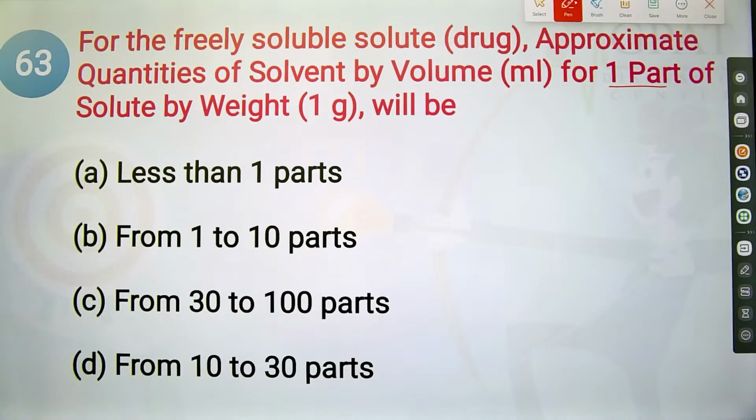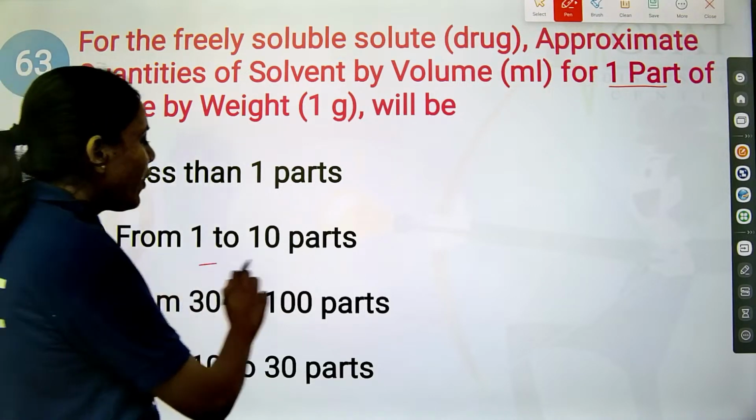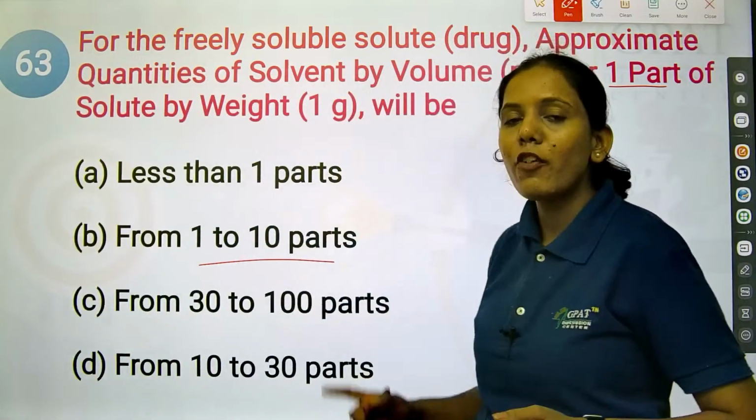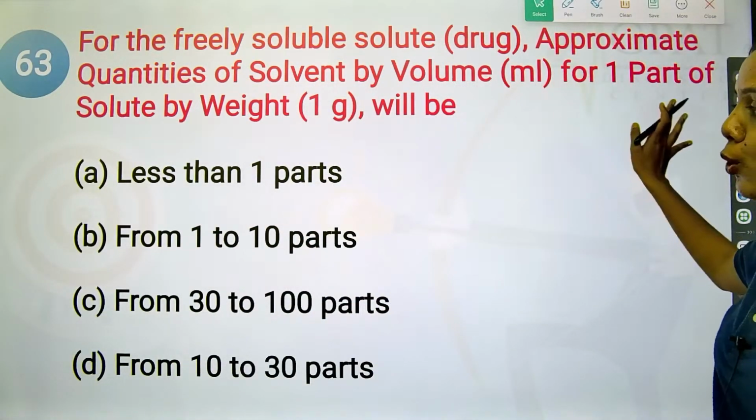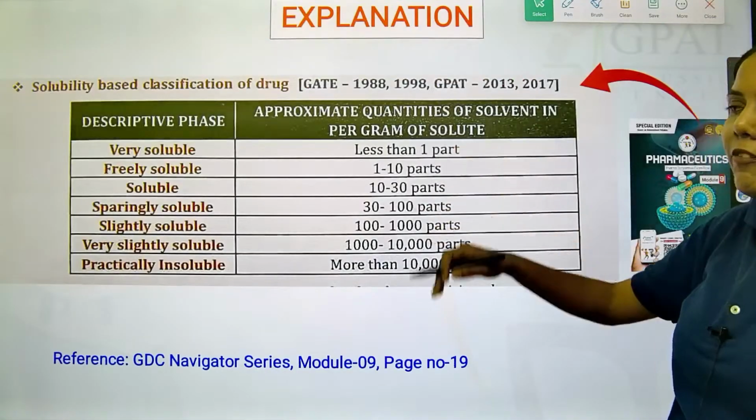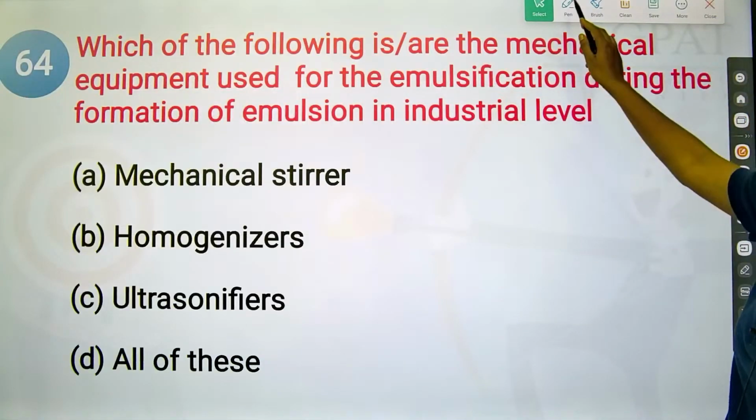Freely soluble, so it is 1 to 10 parts. That means for one part of solute, 1 to 10 parts of the solvent are required to solubilize, then we call it freely soluble.